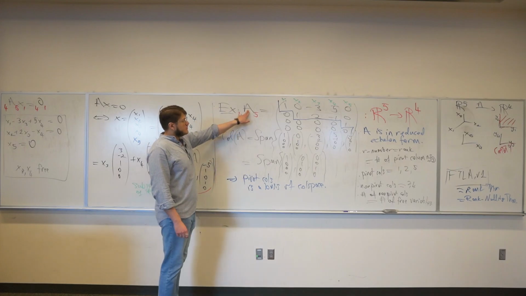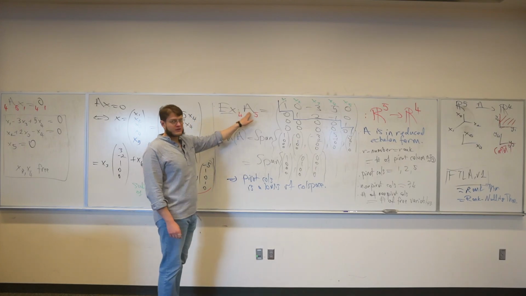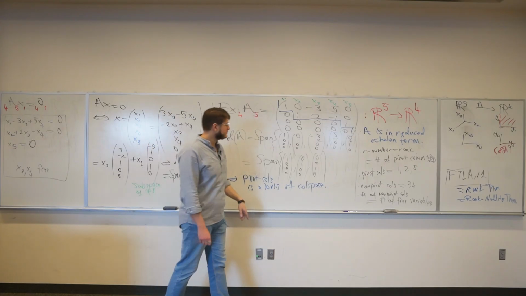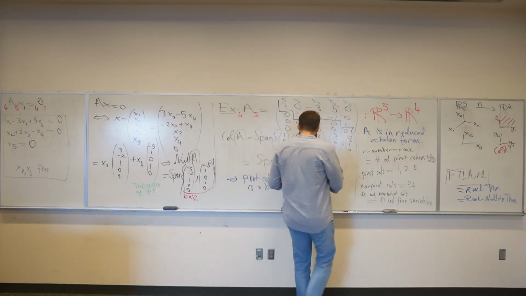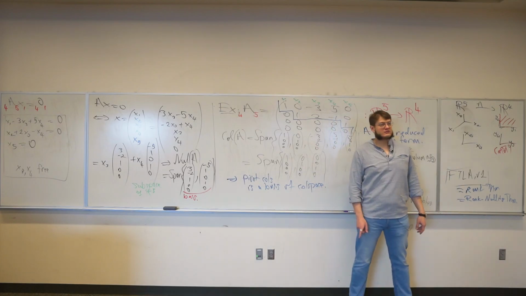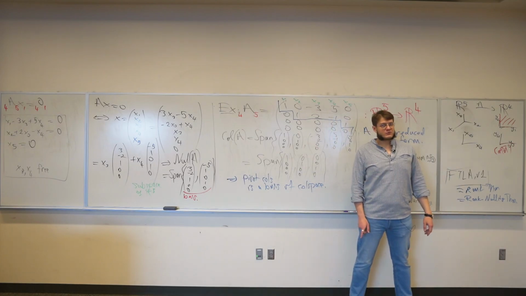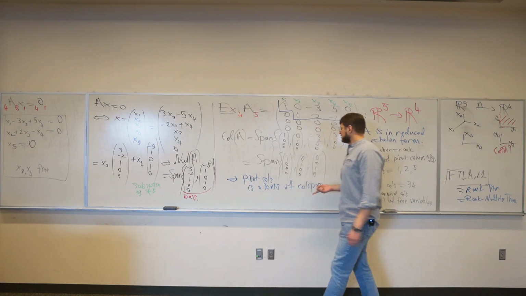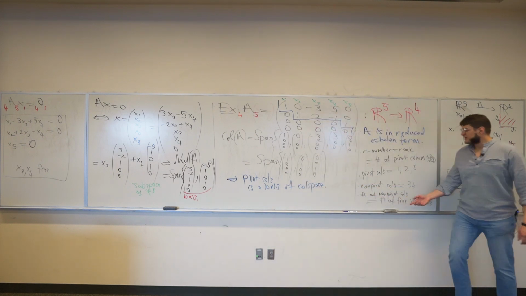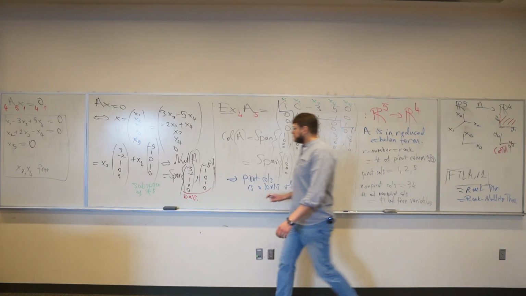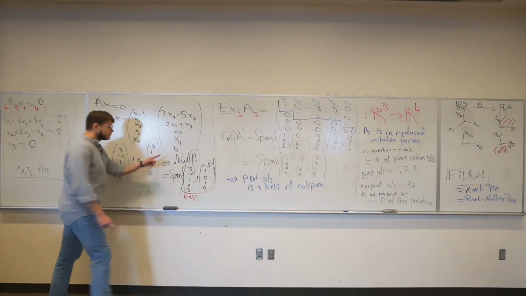If you have a matrix like this, you get to compute its rank. Whatever that number is, you're always going to have that many vectors in a basis for the column space. And whatever the number of non-pivot columns is, in this case 2, that's going to be the number of vectors in a basis for the null space.